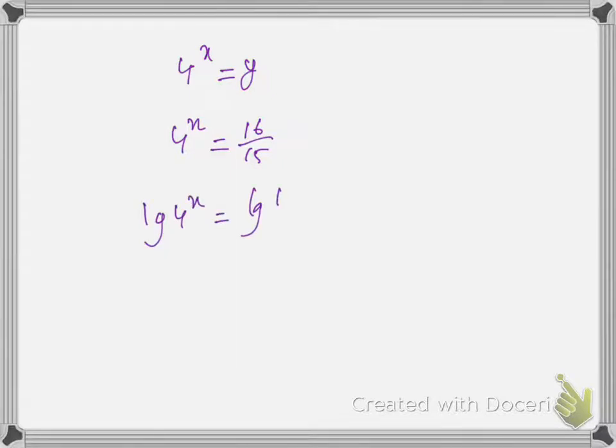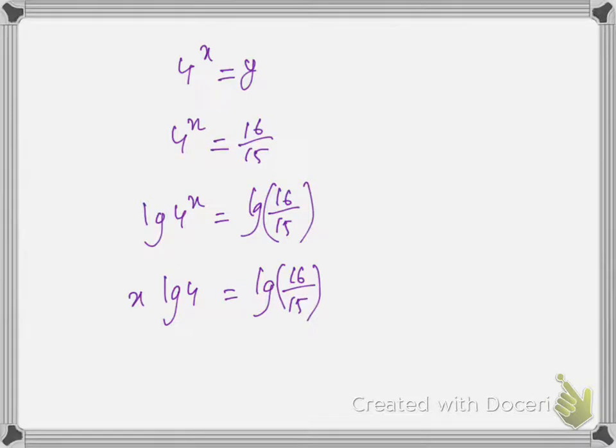So by taking log on both sides, we have x log 4 equals log of 16 over 15. You can write this in brackets. So by dividing this whole thing, we will get x equals 0.0466. You should write the answer up to 3 significant figures. So this is the way to solve these types of equations.